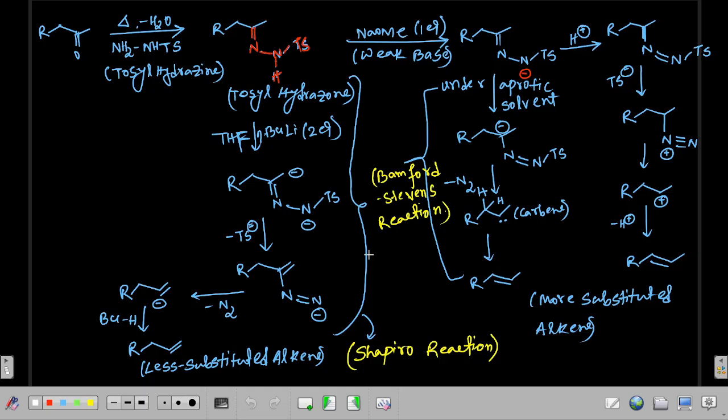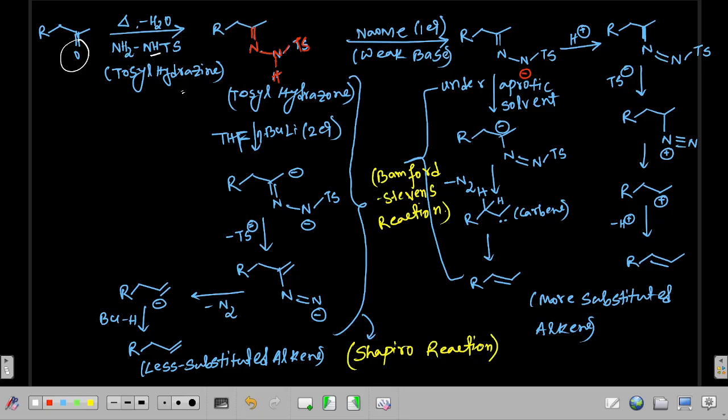Next we'll see two reactions at a time. Here for two reactions, starting material will be same, and just there will be change in the reaction conditions. So first we will see here this ketone. This is a ketone. If we react this ketone with tosyl hydrazine, this is tosyl hydrazine, it will form this tosyl hydrazone.